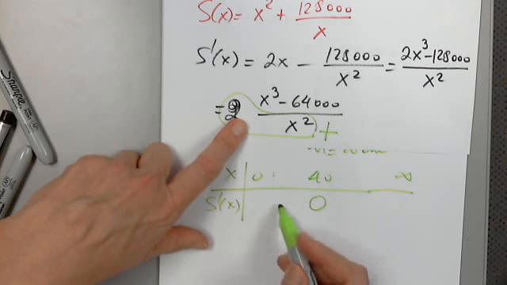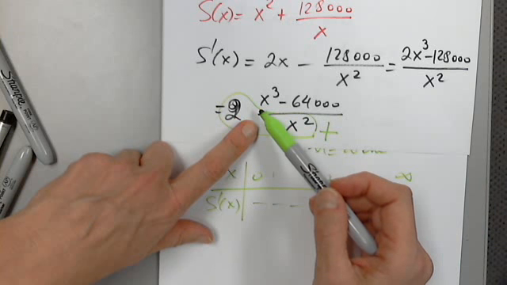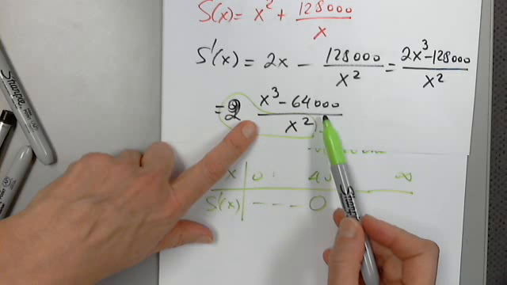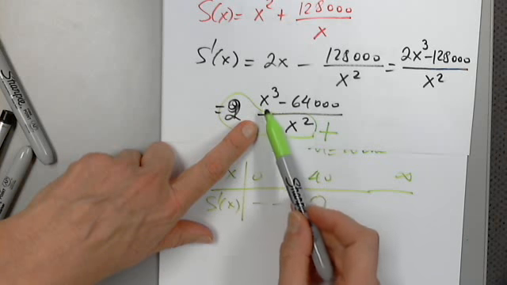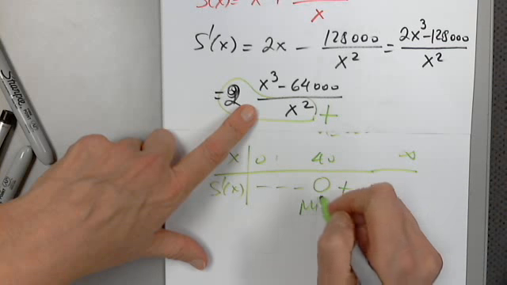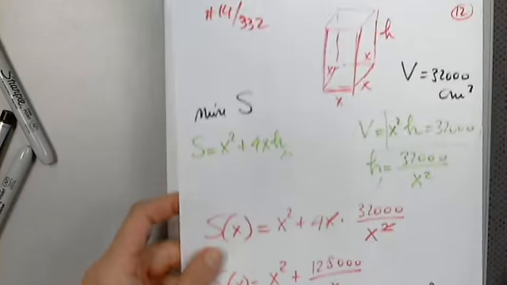Right here. Let's plug in 100. 100 to the third has 6 zeros, which is definitely going to be bigger than this, right? So this is typical for a minimum. Now, if I'm asked to find the surface area that is the minimum, I can very easily.